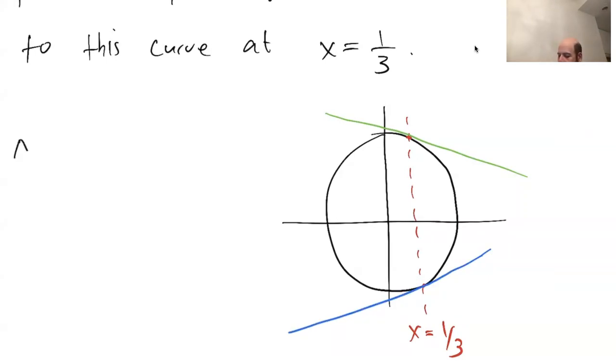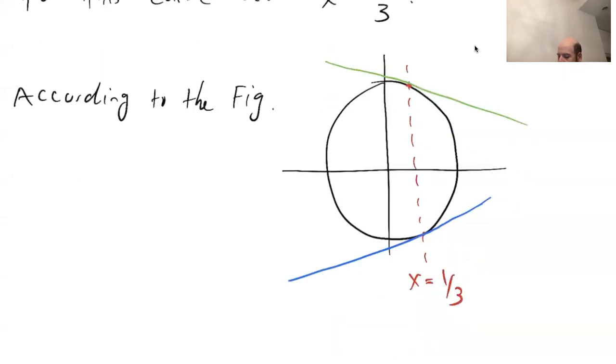So according to the figure, we expect 2 tangent lines.